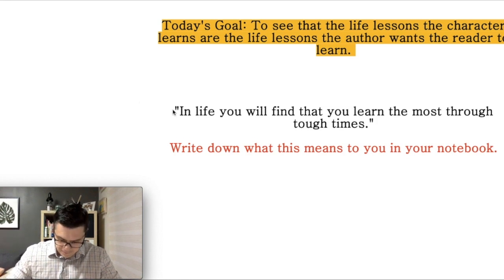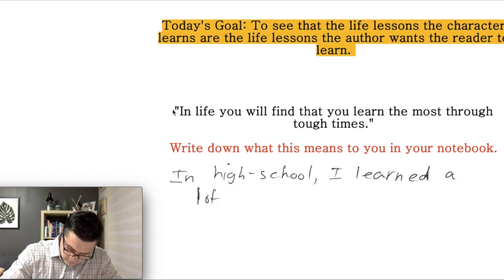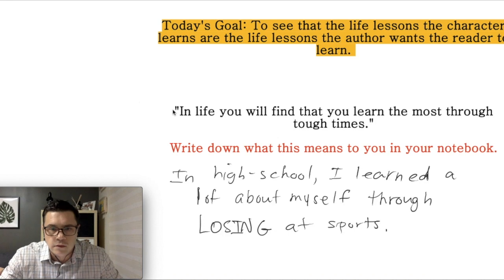To give you an example, something I might write here is, so here I wrote, in high school I learned a lot about myself through losing at sports. Okay, because when I read this quote, the tough times that I remember that jump out right now are not the victories that I experienced with my teammates.